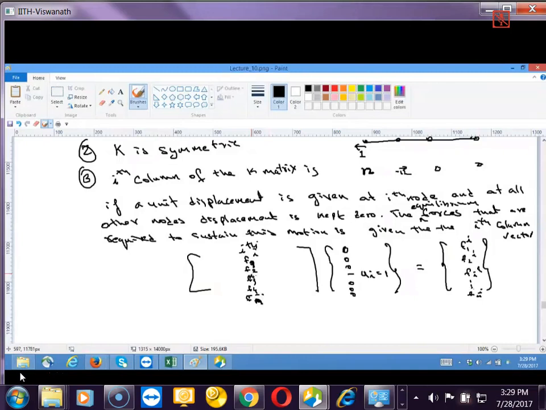So these are nothing but the equilibrium forces. Each column represents the equilibrium forces required, provided at the ith node a unit displacement is given and at all other places the displacement is kept 0.